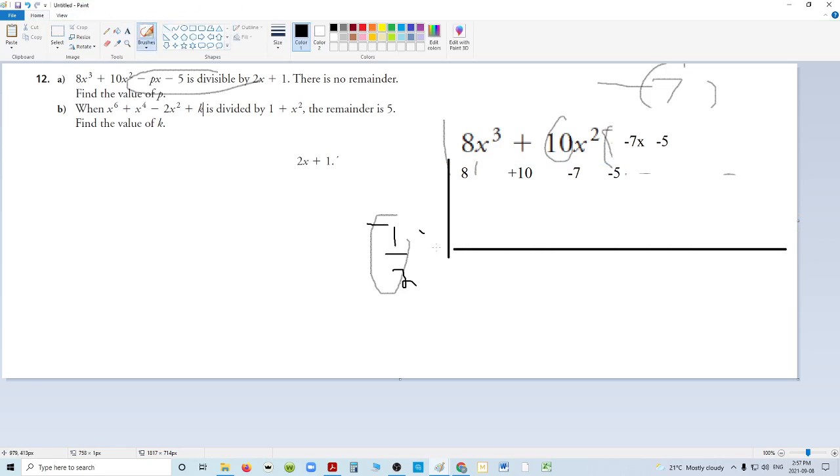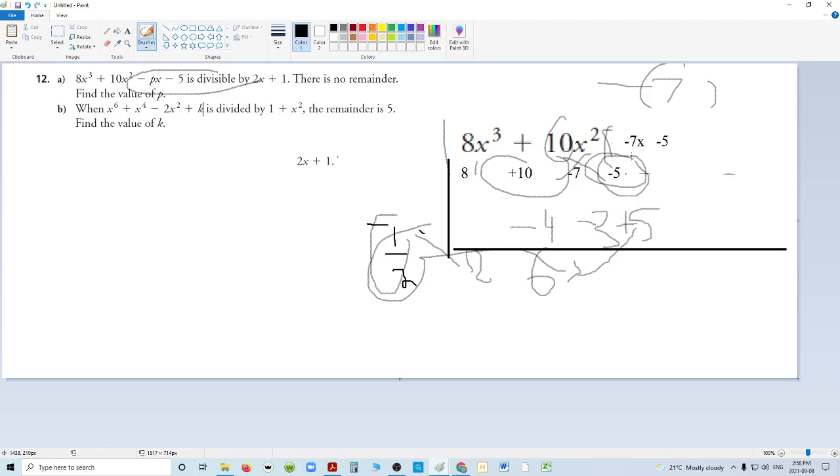I knew the first few numbers. I knew I'm working with an 8, and 8 times minus a half is minus 4. 10 plus minus 4 is 6. Negative 6 times negative a half is negative 3. I knew, without knowing what that is, because I end up with a minus 5 over here, which will be this times whatever that number is, has to nullify that minus 5, because I have to come up with a plus 5 to nullify it.